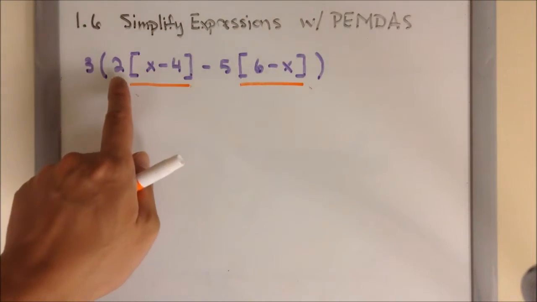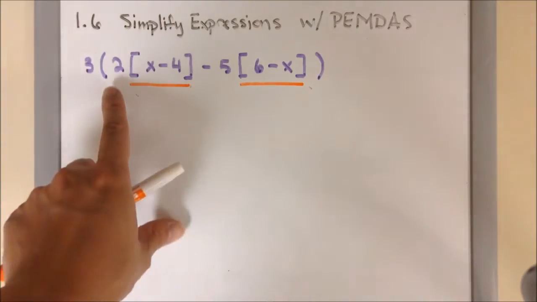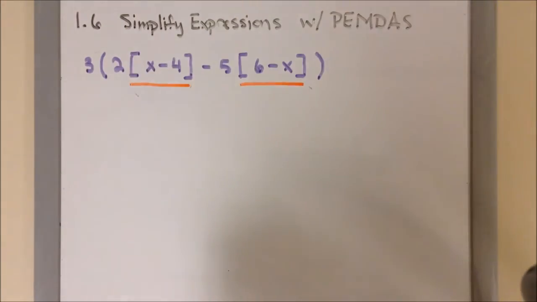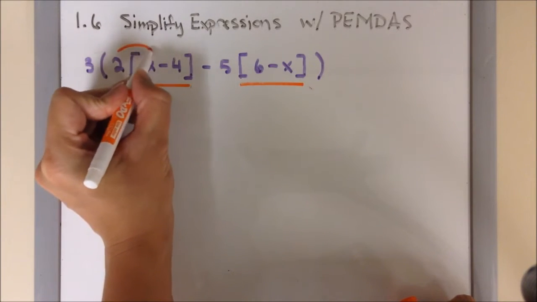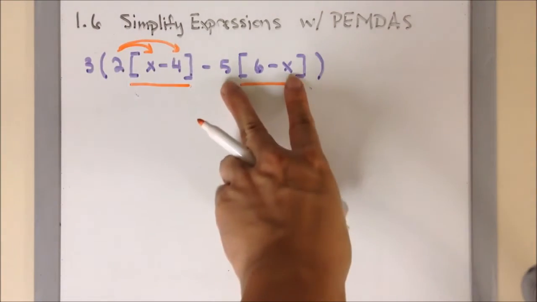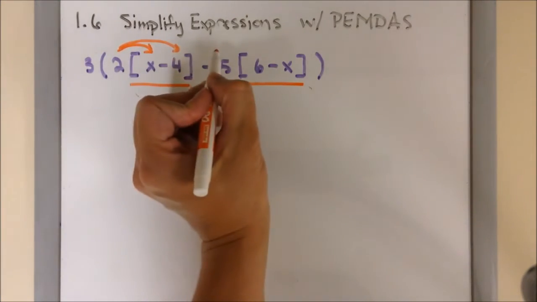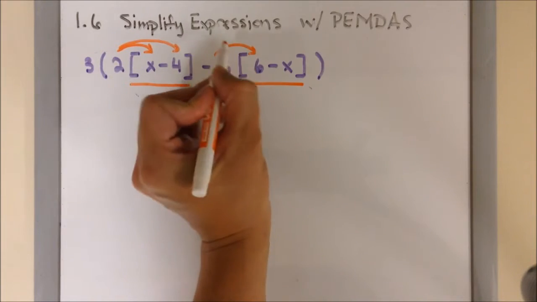Next, I notice there's a 2 directly in front of the first group. So that means that I'm going to distribute the 2. And then on the second group, there's a -5. So I'm going to distribute the -5 within the second group.